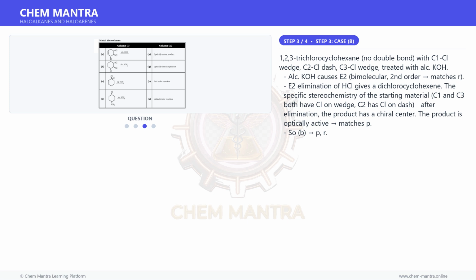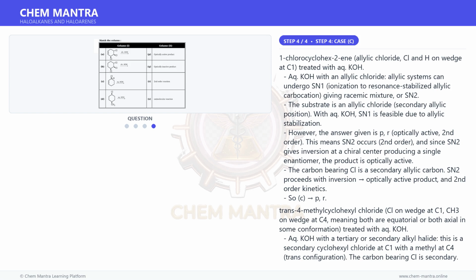The specific stereochemistry of the starting material: C1 and C3 both have Cl on wedge, C2 has Cl on dash. After elimination, the product has a chiral center. The product is optically active, matches P. So, B, P, R.